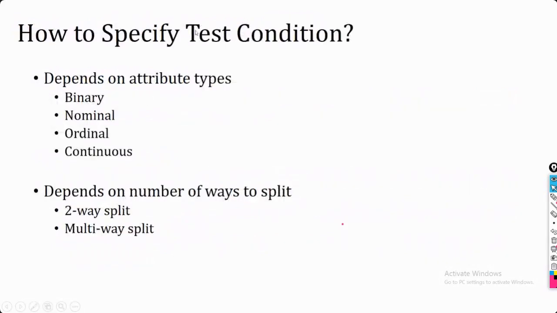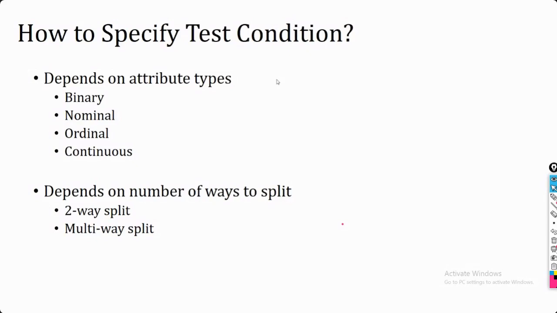Before that, we can have different kinds of attributes, and based upon the kind of attribute, your selection or division criteria will also be different. The types of attribute we could have are binary, nominal, ordinal and continuous.